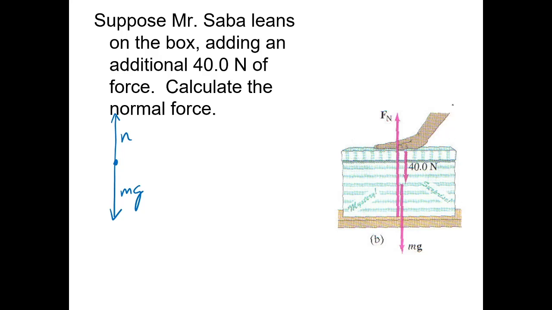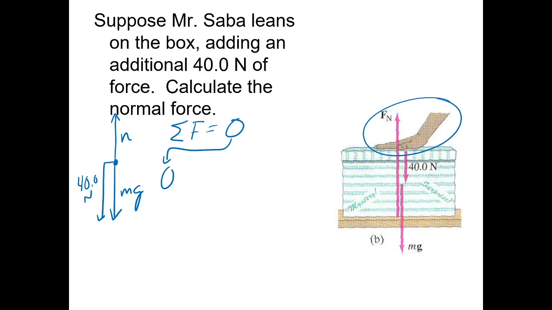But Mr. Saba, you can see his hand. He's leaning on the box there. He's pushing downward with an additional 40 newtons. Well, the box isn't going to move. I mean, he's not pushing on it hard enough that he's going to crush the box or anything. So the box isn't going to move. The sum of the forces is 0. It's at a constant velocity of 0.